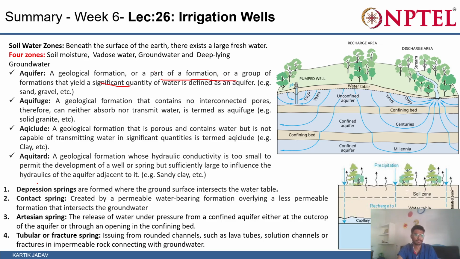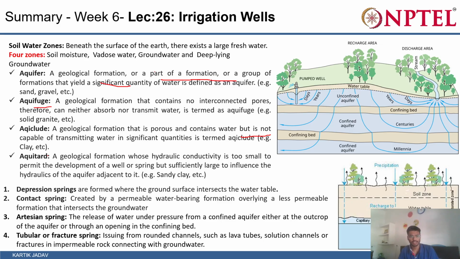There is no transfer and no absorption of water. And we have the aquiclude, which is a clay kind of structure. It is porous and contains water but is not capable of transmitting water in significant quantities, as much as an aquifer does.